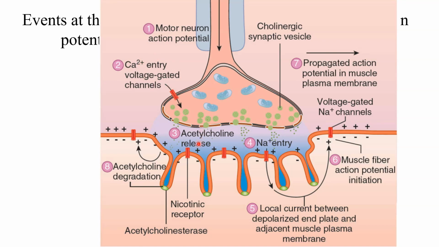Then number 3, there is release at the neuromuscular junction. Voluntary muscle, at the neuromuscular junction, what chemical are they releasing? All have the same mechanism. Acetylcholine is the transmitter, right? The receptor they bind is called the cholinergic receptor.